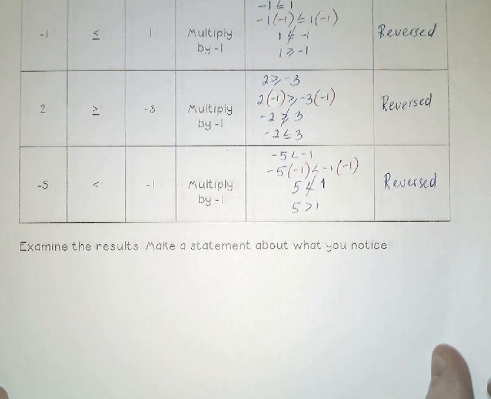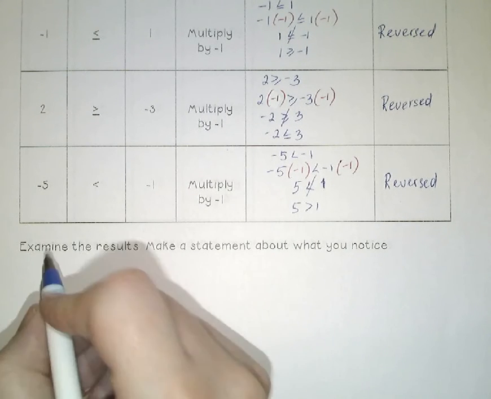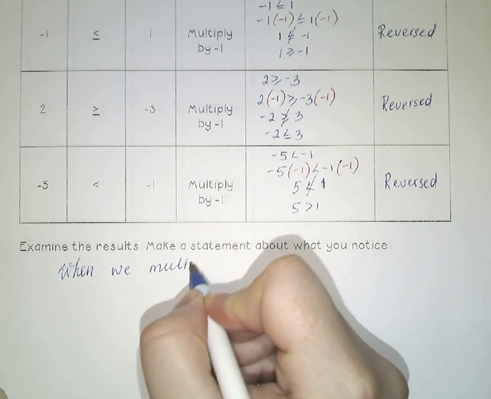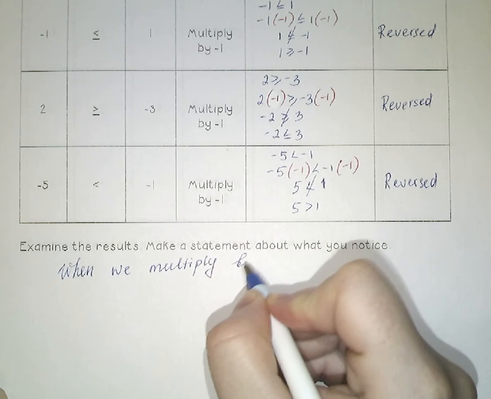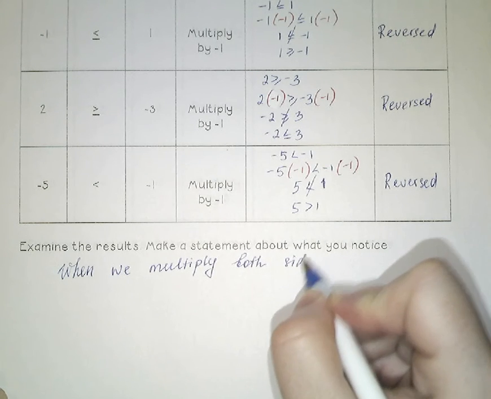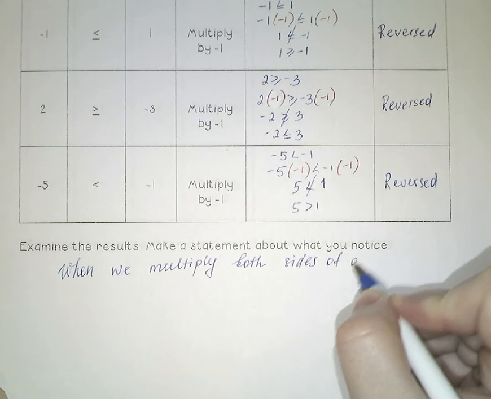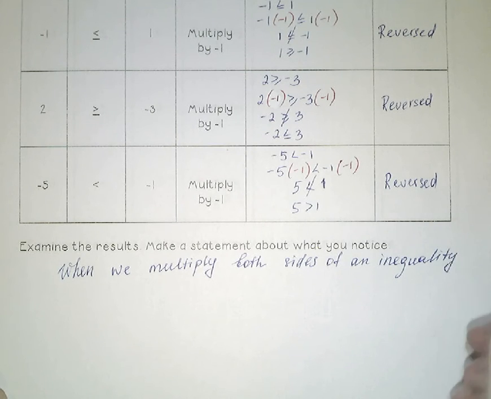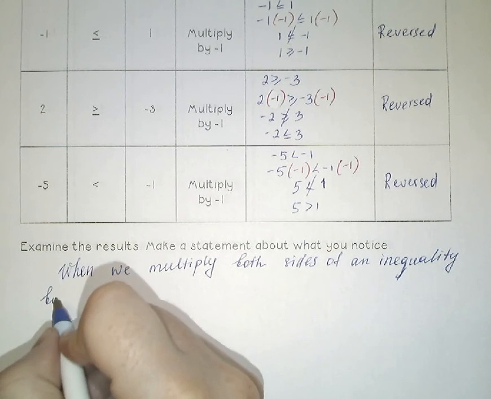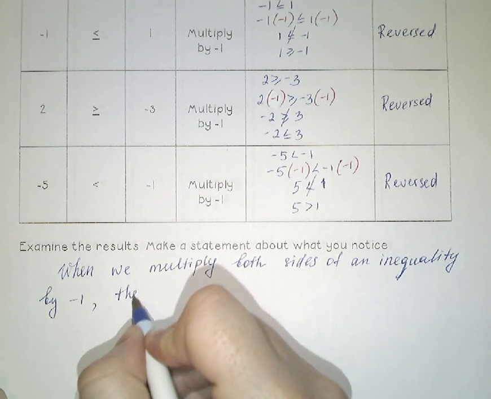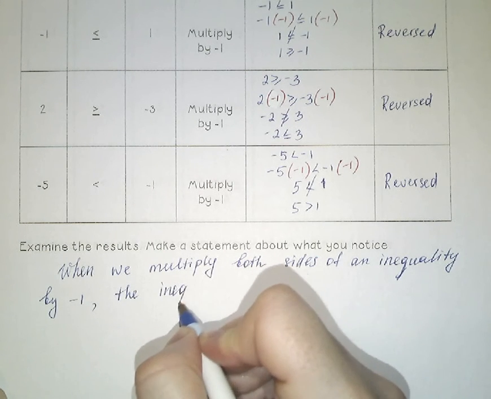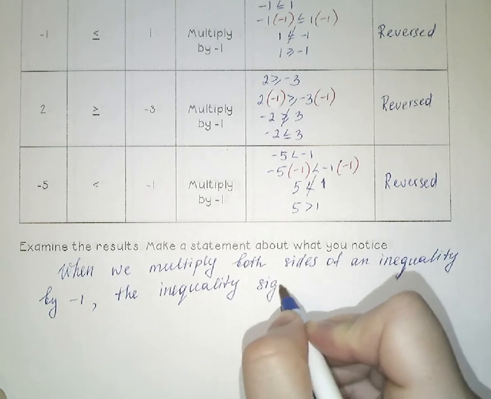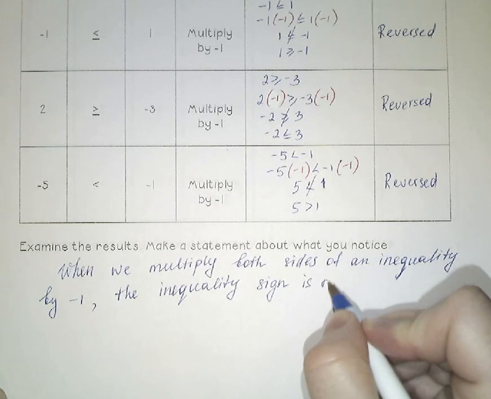When we multiply both parts of an inequality by -1, the inequality sign is reversed.